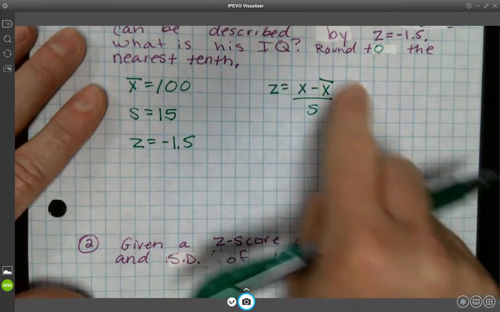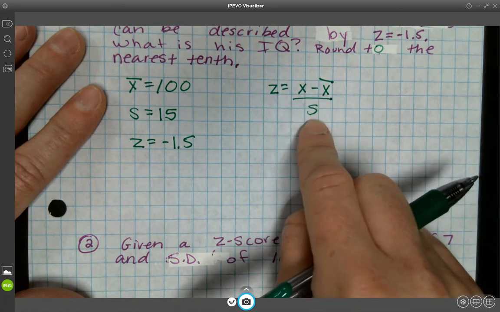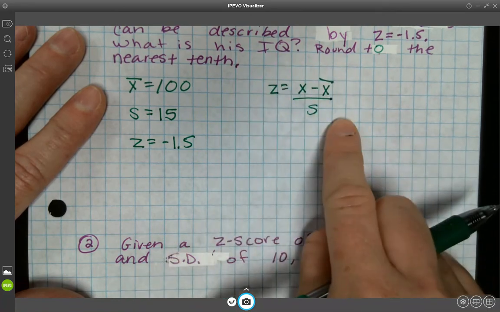So if we work this problem backwards, we could plug into this formula.